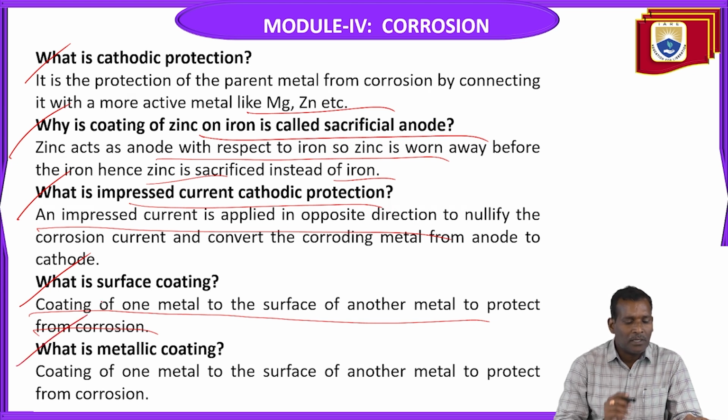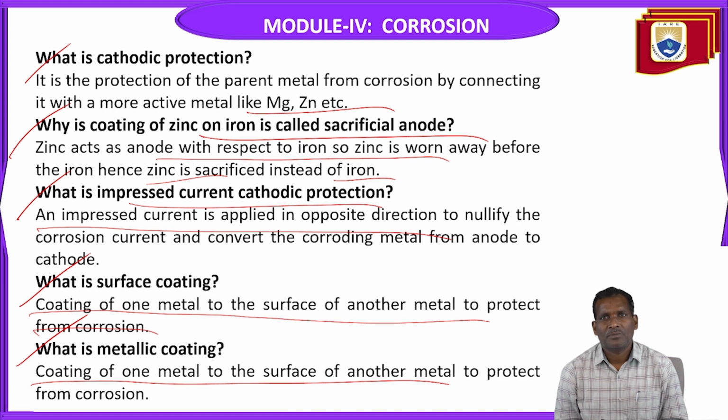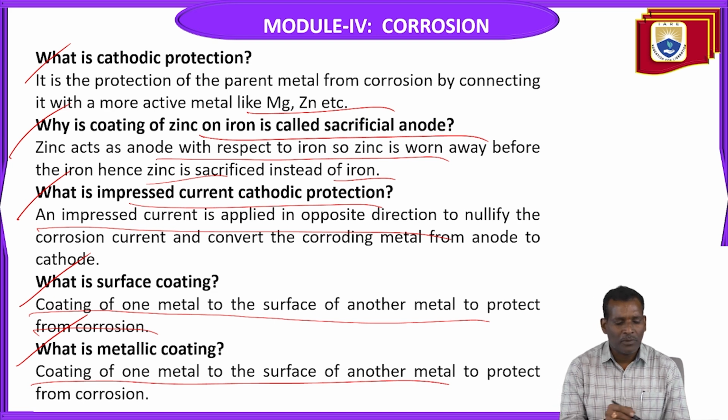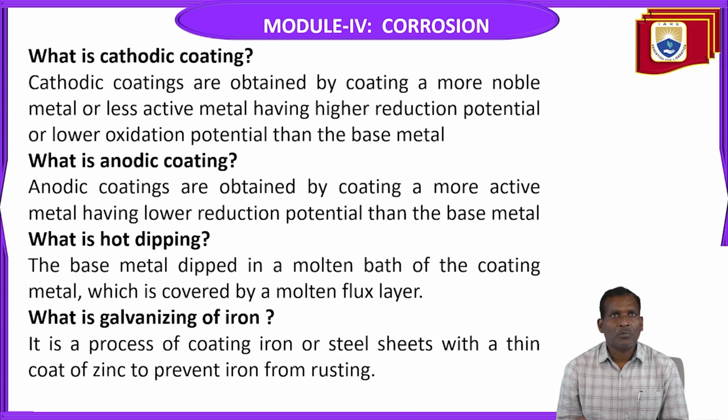So next, definitions and terminology. What is metallic coating? The coating of one metal on the surface of another metal to protect it from corrosion. Next, what is cathodic coating?